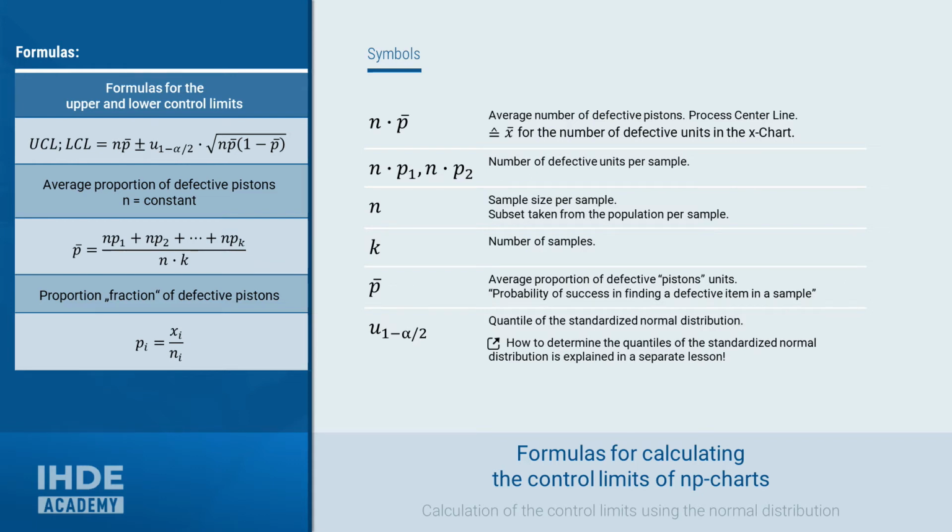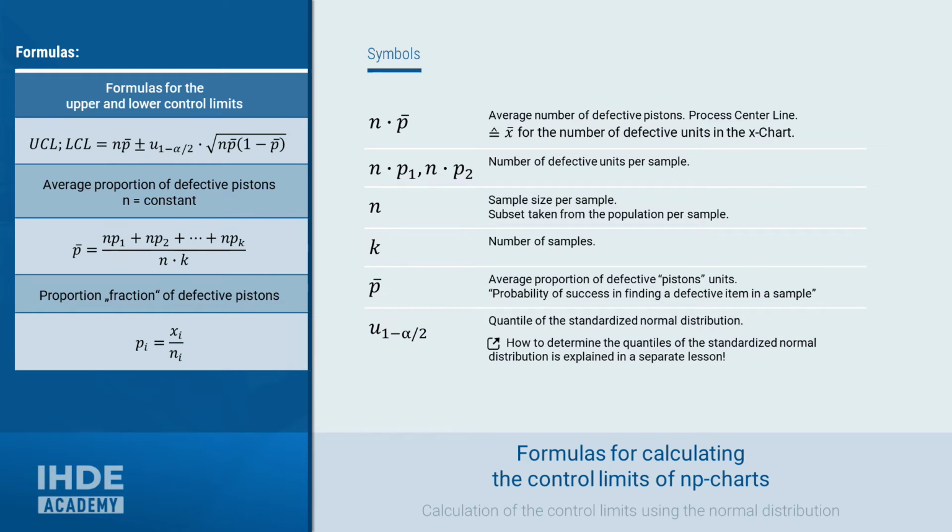P bar is the average of the individual defective proportion in a sample. With a variable sample size, the different proportions must be taken into account when calculating P bar. For the sake of simplicity, we leave the sample size N constant in our example.